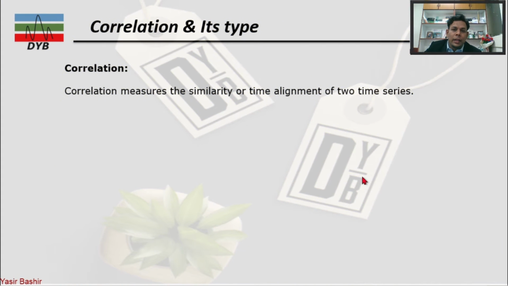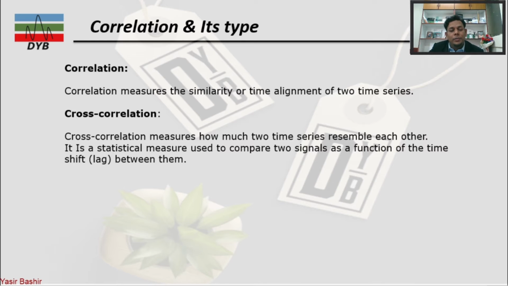Another type is correlation. Correlation is also very important to understand. Correlation is the measurement of the similarity or the time alignment of two traces or two time series. There is also another keyword, which is cross correlation. Cross correlation measures how much two time series resemble each other.